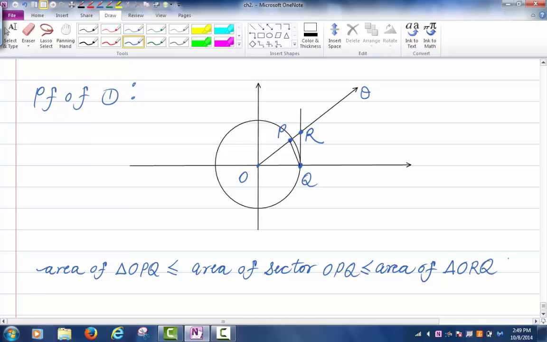You agree with that? Because ORQ includes the entire sector OPQ, right? Is everybody okay with these two inequalities?